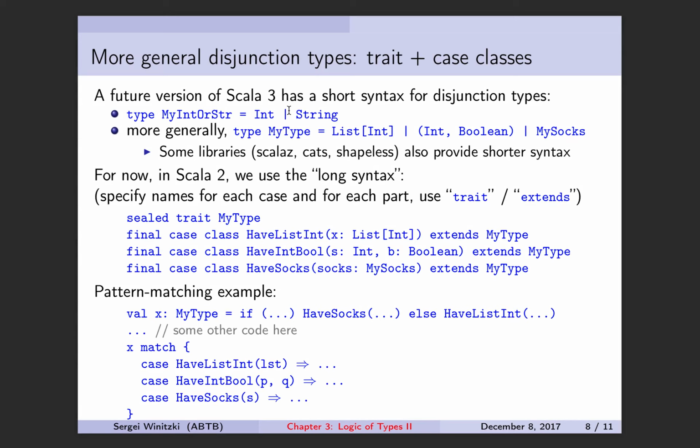More generally, you can have, of course, more than two different domains. And in Scala, this is implemented using this syntax, which is verbose, but I explain in detail how this syntax works and how the pattern matching will work. So there's a name for the entire type, there's a name for each part of the disjunction, and then there are names for each part within each disjunction.